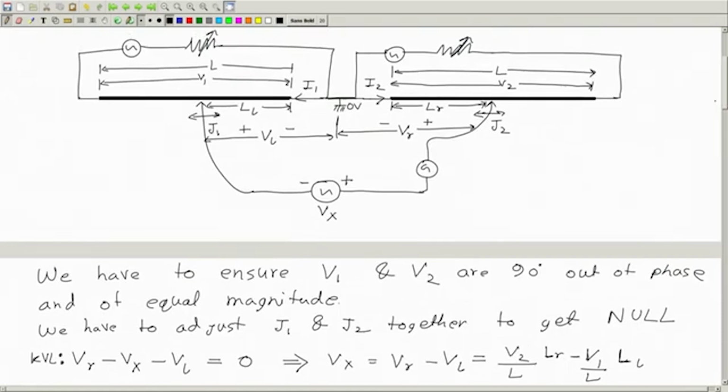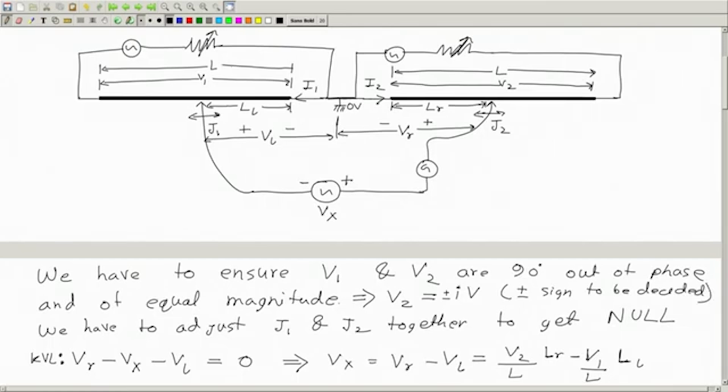And now we have made sure that V1 is out of phase with V2 by an angle 90 degree. So we may write that, say, V2 is equal to I V1 plus or minus. Okay, so there will be a plus or minus sign we have to somehow decide. So let me just put this note, we'll think about it later.